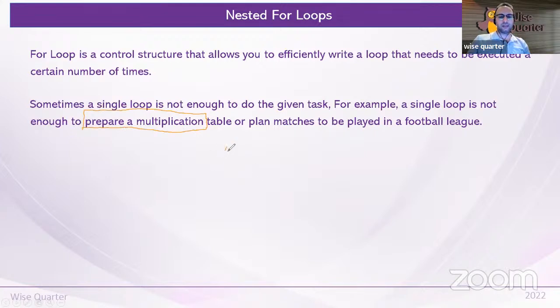Let's do it like this: 1 times 1, 1 times 2, 1 times 3, 3 times 1, 3 times 2, 3 times 3. I will do it until 3, don't worry.